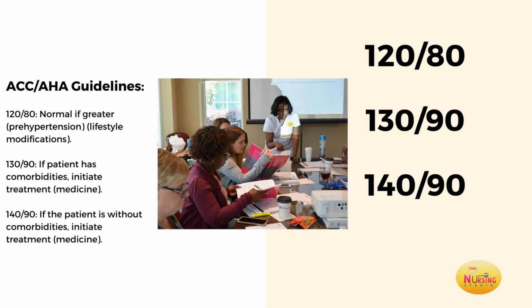So when we think about pre-hypertension, just as we do with anything that is pre in those beginning stages, pre-diabetes, any of those things, we want to start to incorporate lifestyle modifications, right? So when your patient, no matter their age, no matter their health history, if they're starting to exceed the blood pressure consistently of 120 over 80, we want to start incorporating those lifestyle modifications, okay?